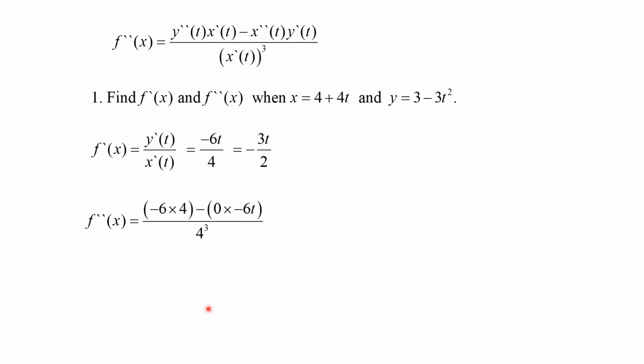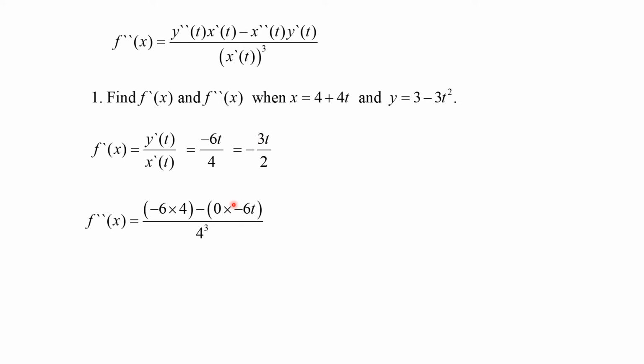And the second derivative, based on the formula up here: you see y double prime, if you differentiate y prime again, you will get negative 6. So y double prime is negative 6. X prime is 4. So y double prime times x prime, minus x double prime. When you differentiate 4, the first derivative gives you 4, the second derivative will definitely give you a 0.